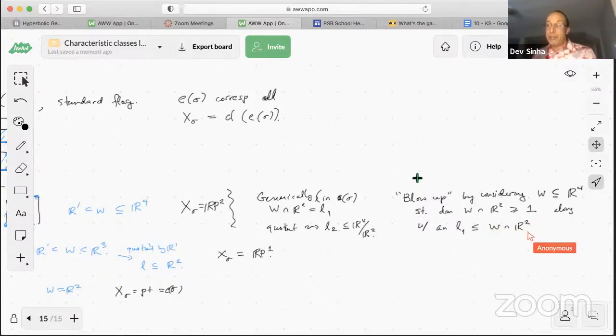So generically, for all but one W, namely R2 itself, there's just going to be one choice of L. But when W is R2, I've blown up, and this thing fibers over RP1 by sending such pairs W and L1 to L1.